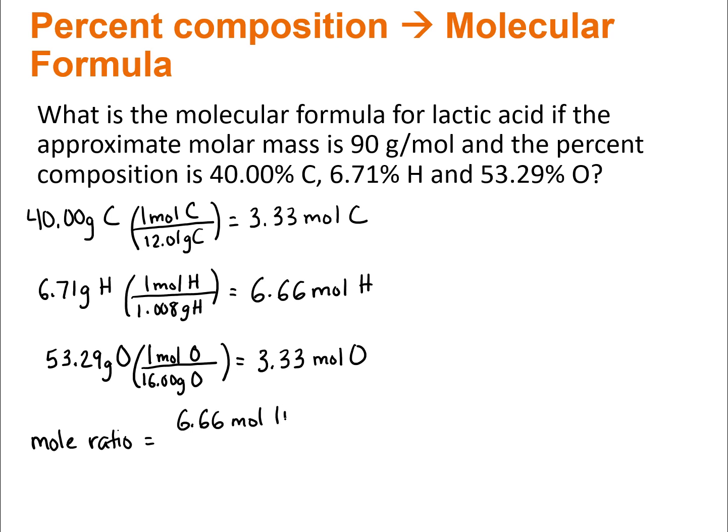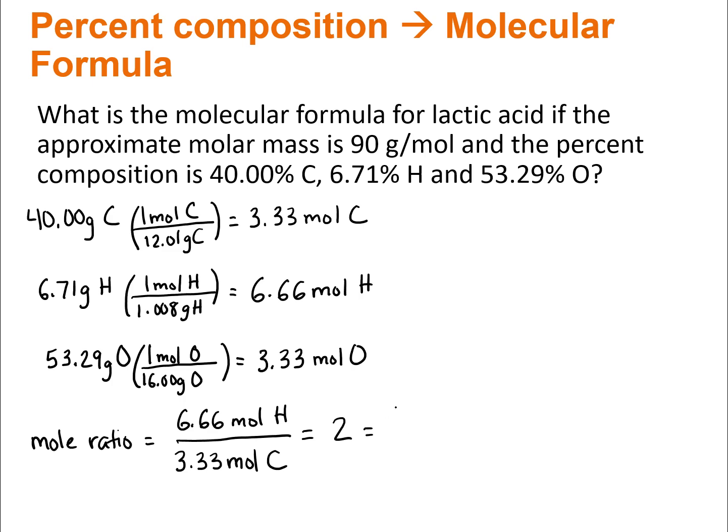We're going to take the moles of hydrogen and divide by the number of moles of carbon. I just chose carbon because it's at the top. You could do the same thing with the oxygen because they're both the same number of moles. Your calculator is going to tell you 2.